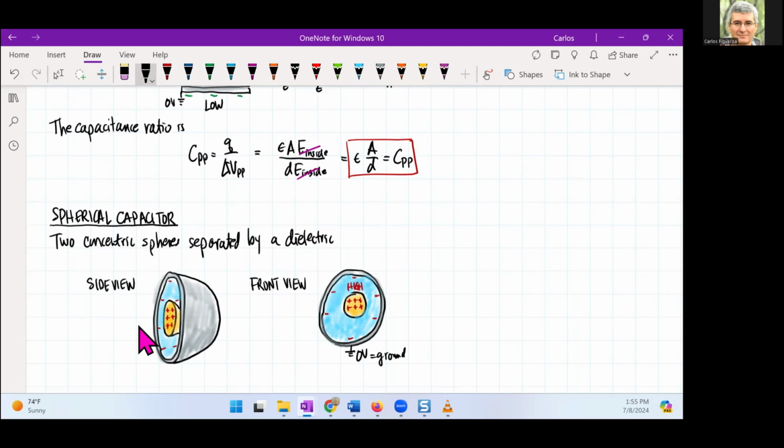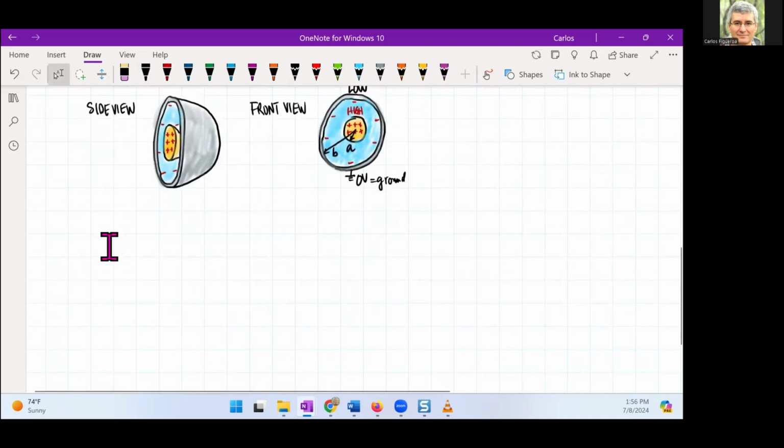So if that's the high in yellow, the outside shell is then the low. So then I'm going to have two radii. I'm going to have the inner one, which is A. Then I'm going to have a very thin shell, which I'll just call B here. So that's my spherical capacitor. So to calculate the capacitance, we know what to do.